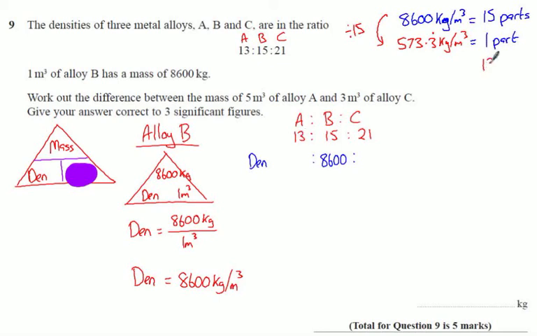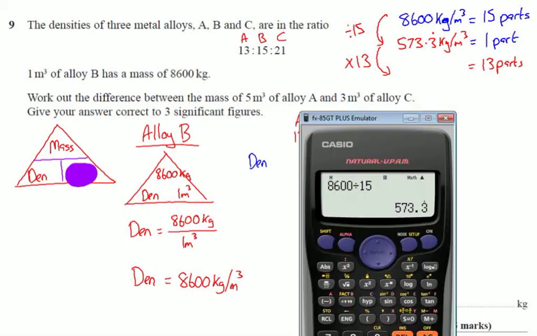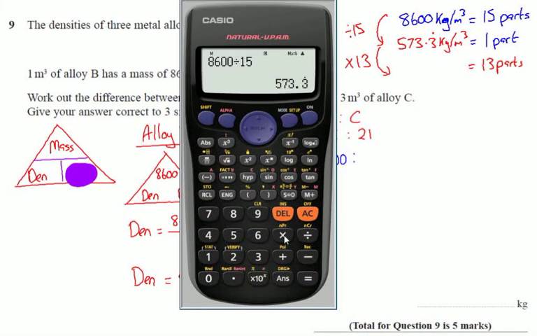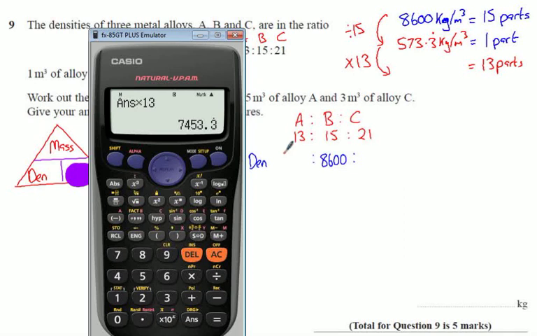Well, 13 parts is going to be times by 13. So I'll keep this on the screen. Times it by 13 is 7453.3 recurring. So this is going to be 7453.